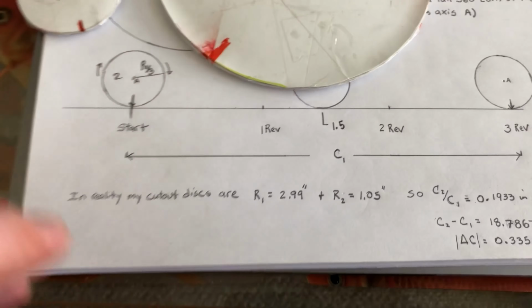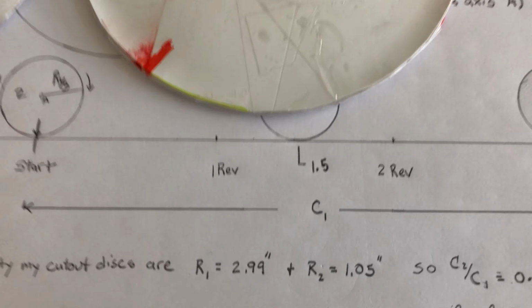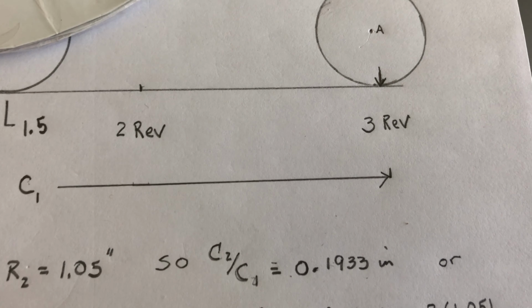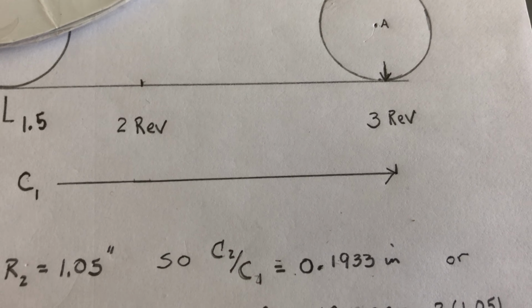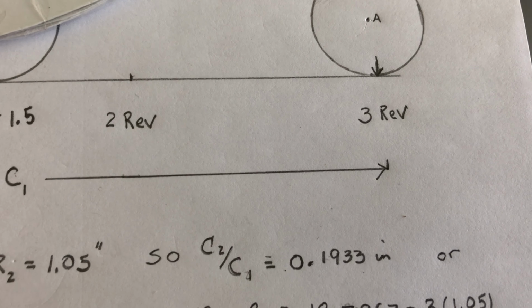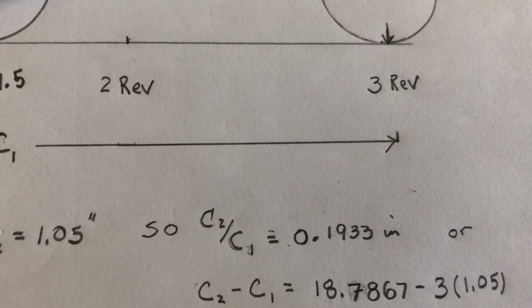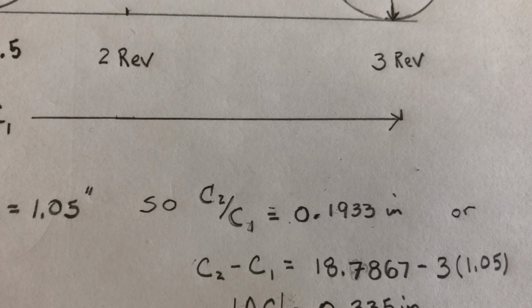Now, those may seem like small differences, but when you look at the ratio of C2 to C1, that ratio was almost 0.2 inches different for the entire circle.